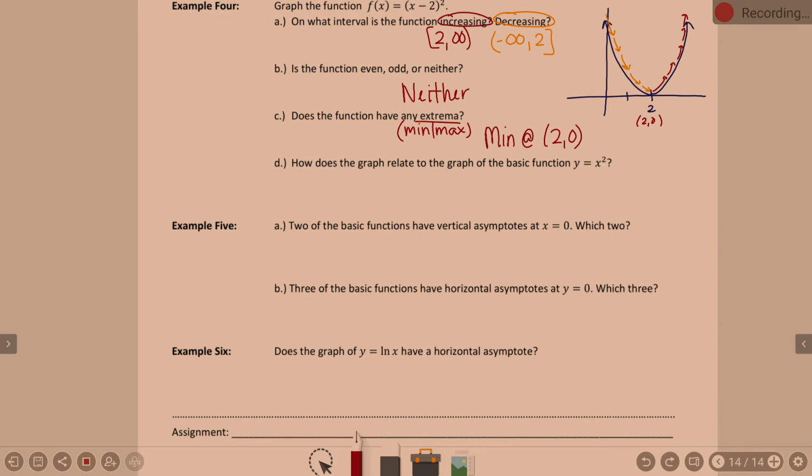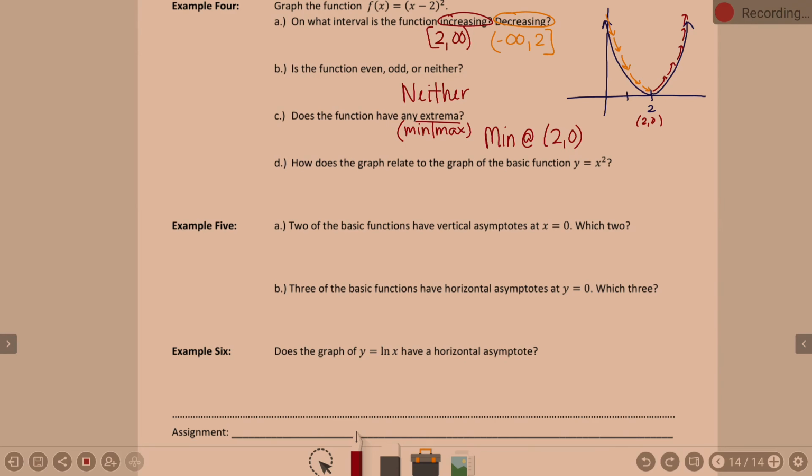No max, because it's going infinitely up. Is it absolute? Well, it technically is both. It's absolute because that is the lowest point the graph will ever go to. It is a local just because all max and mins are considered local.